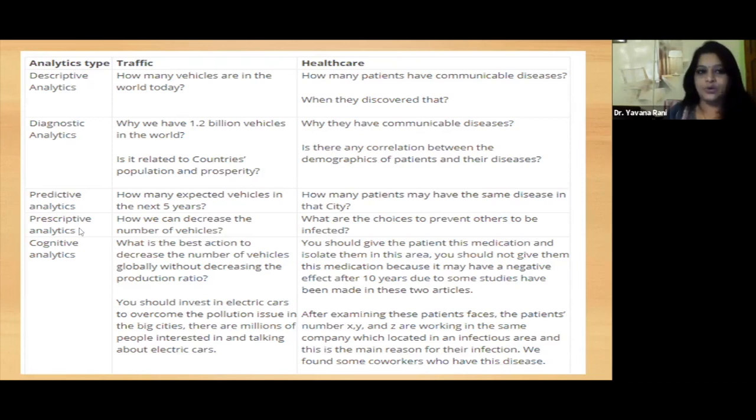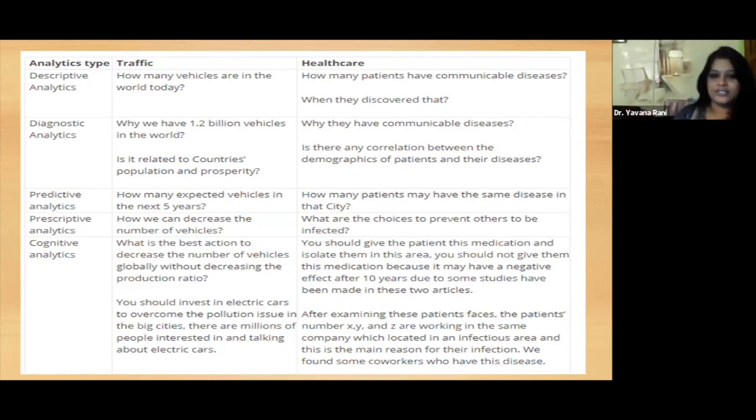Next, you go for prescriptive. Okay, prescriptive analytics: how can we decrease the number of vehicles? That is a prescription, right? Based on the outcome of the predictive analytics, we prescribe how we can decrease the number of vehicles, because it causes pollution. And if you take the second example, what are the choices to prevent others from being infected? That's the case we are facing now, right?